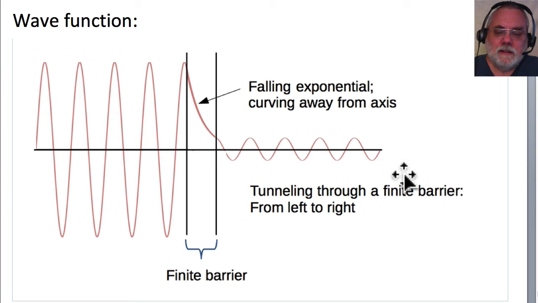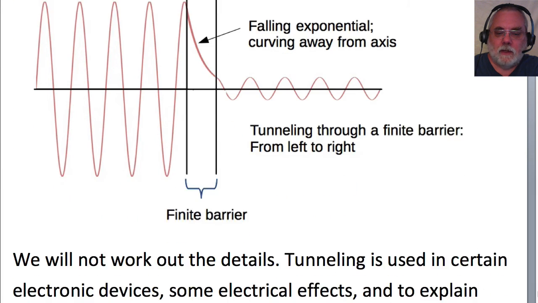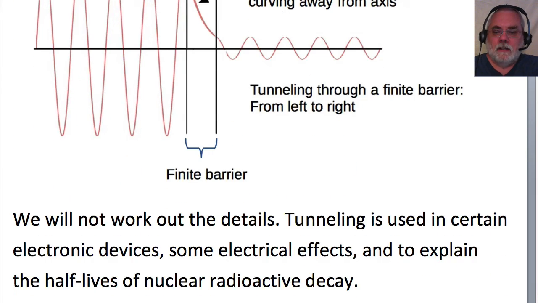This is a valid solution for a particle tunneling through that finite energy barrier. We are not going to work out the details. Tunneling is used in certain electronic devices, some electrical effects, and to explain the half-lives of nuclear radioactive decay.